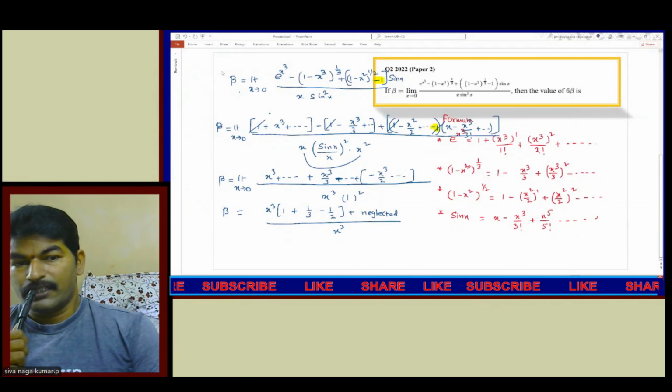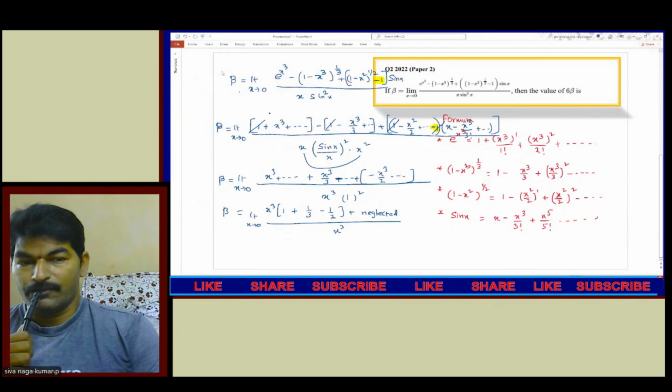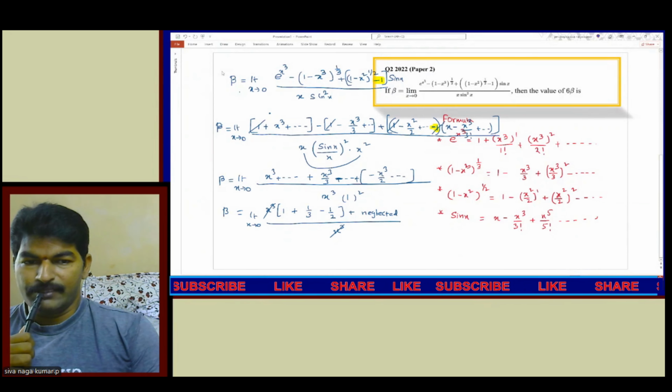So x power 4 terms and x power 5 terms are left, and the limit is x tends to 0. If you substitute x as 0, automatically they will be completely zeros. Only these x cube terms are left, and each of them is cancelled by the denominator x cube. And the remaining neglected values all become equal to zero.